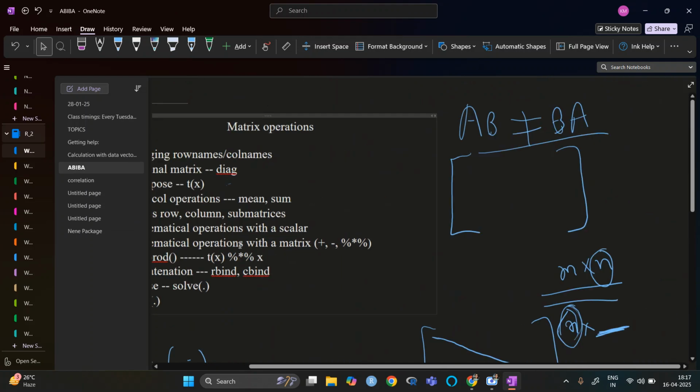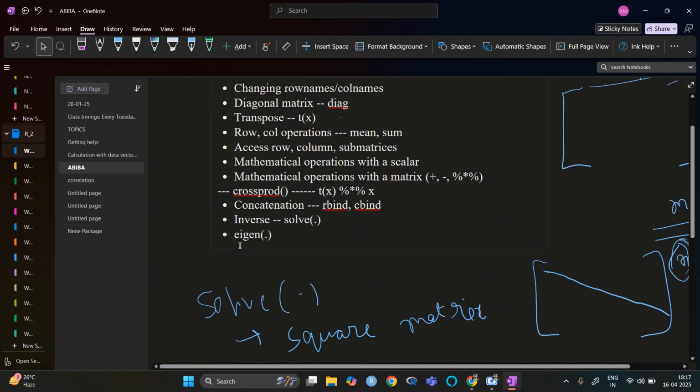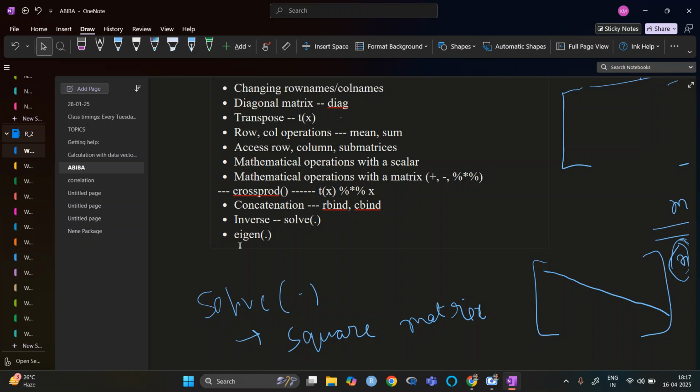The thing you need to remember is that when you have rbind, you are binding the rows, so for two matrices the number of columns should be the same, because only then can it bind. When you have cbind, you need the rows to be the same. Okay, so let me open RStudio and we will see how it works.